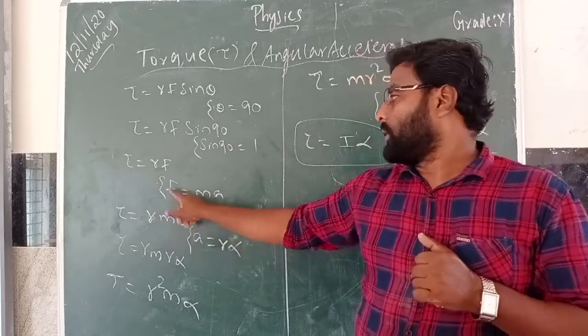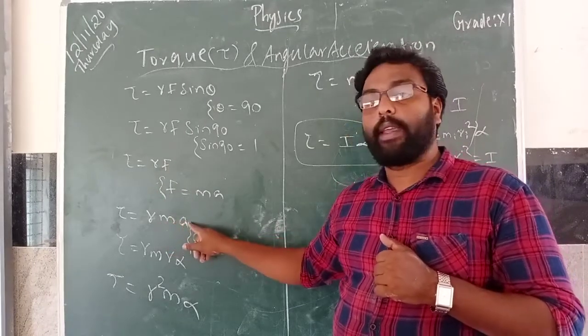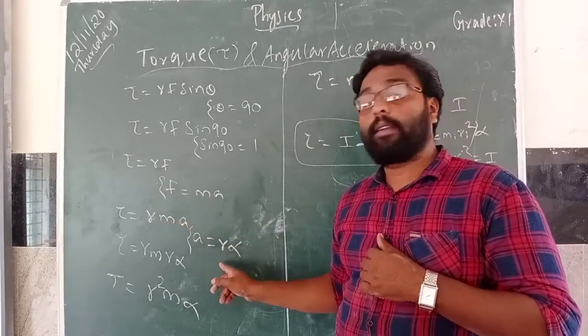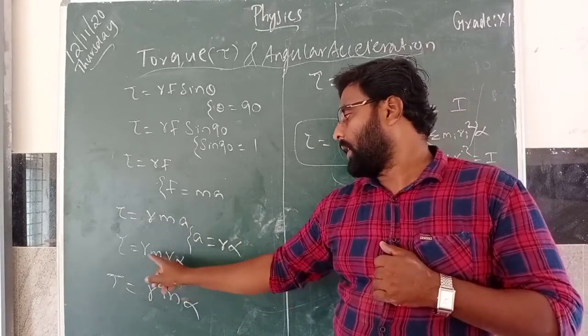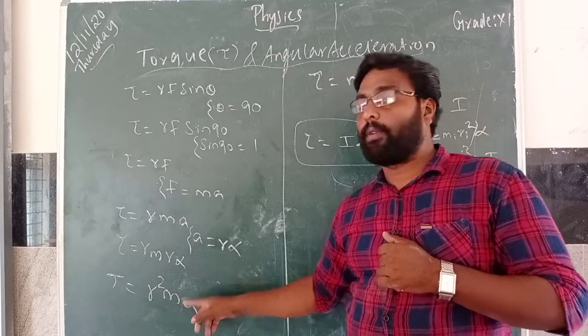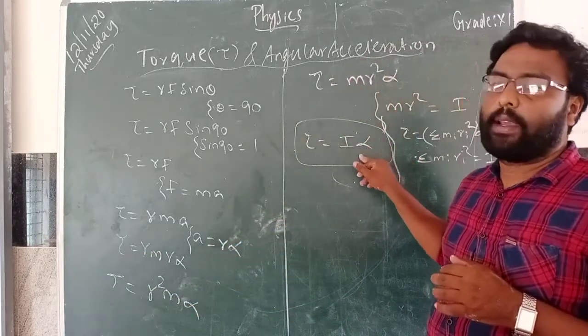Instead of F, use ma, so R into ma, and the formula for a is R alpha, so R into R square m alpha. Then m r square is the moment of inertia, so I alpha.